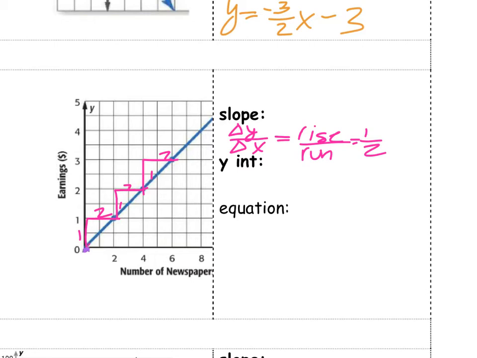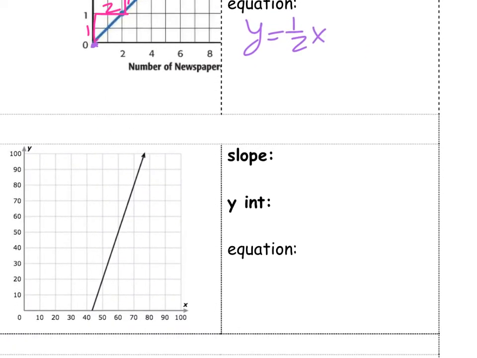Since our y-intercept falls at the 0, it's actually going to be 0. So thinking about mx plus b, that m is our slope. So our equation is y equals 1/2 x. And because we don't have a y-intercept, that's all our equation is.